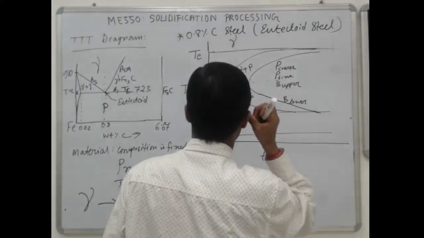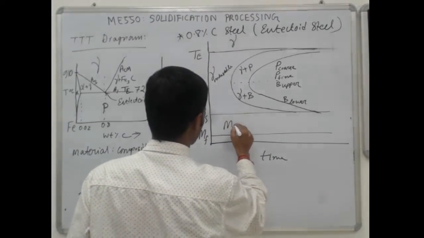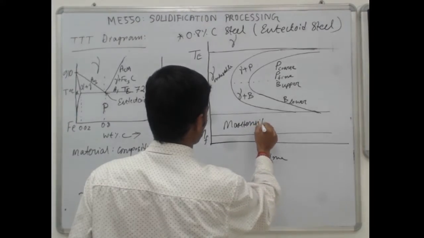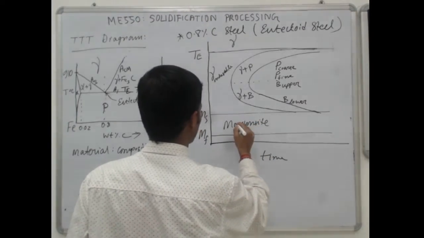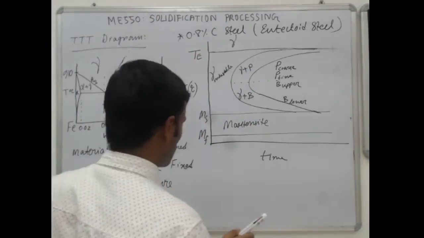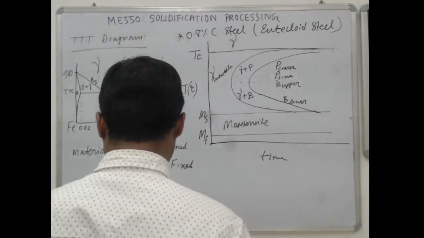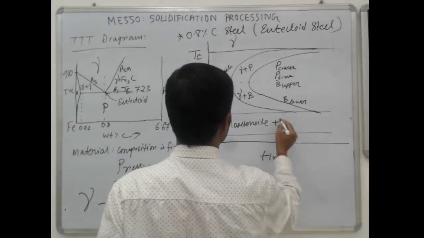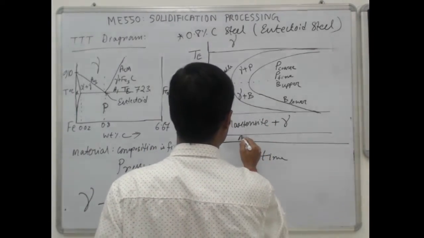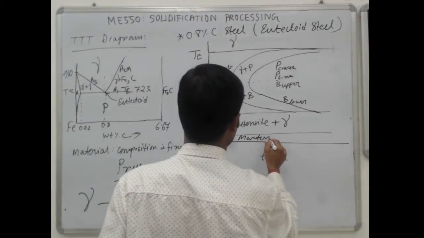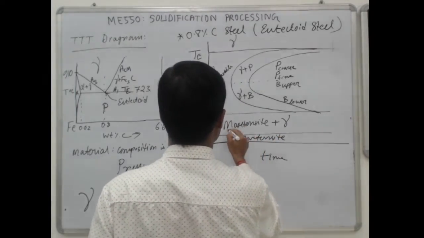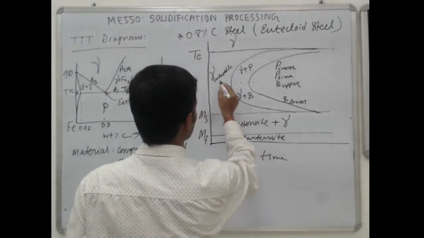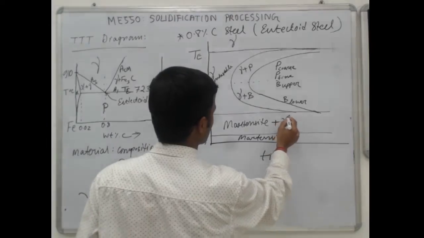And here you have martensite. Martensite you will have also in this region, along with some gamma. Here it will be all martensite, because this is the finishing line. Before the martensitic transformation is completed, all the gamma is converted to martensite, there will be some gamma also.